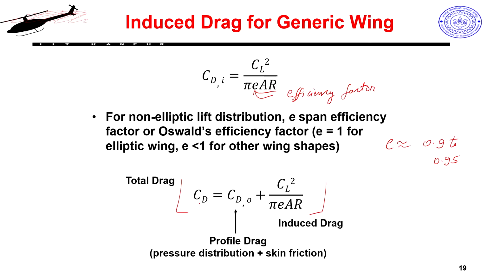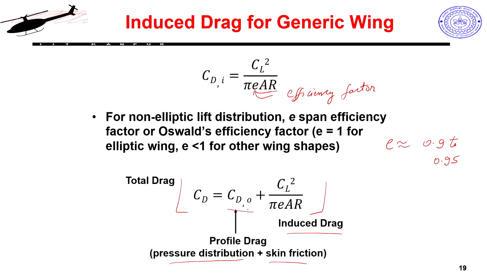We now have the total value of drag obtained analytically, where I have profile drag, which consists of my pressure drag and my skin friction drag, and induced drag, which is induced by lift. One thing: if my wing is put at an angle where it has 0 lift, then what drag do we have? This profile drag.